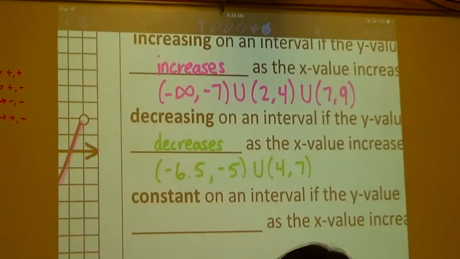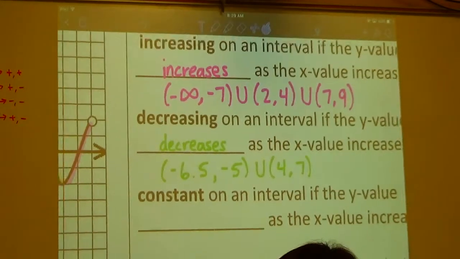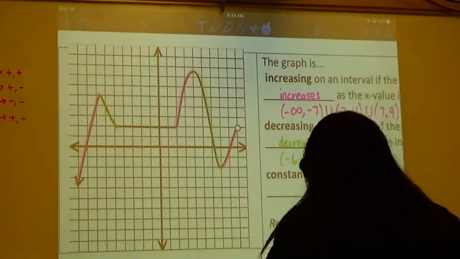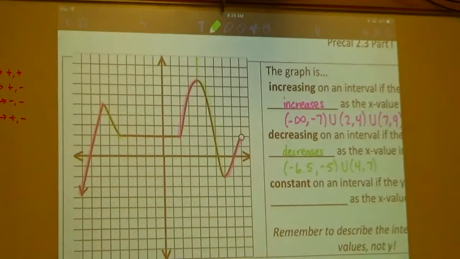I got 10. You got 10? Yes. So it starts here. It ends on this one.